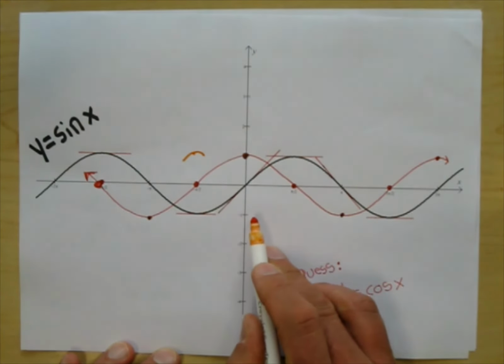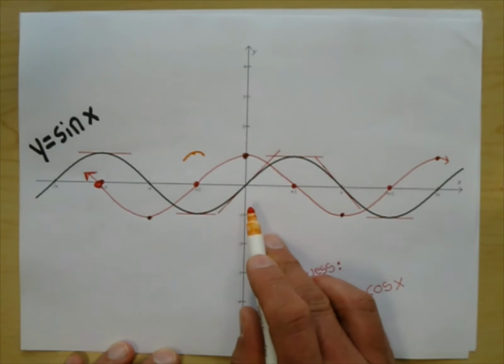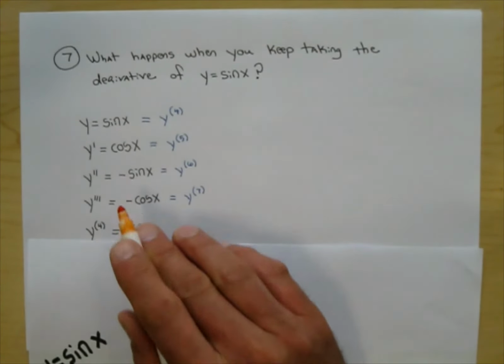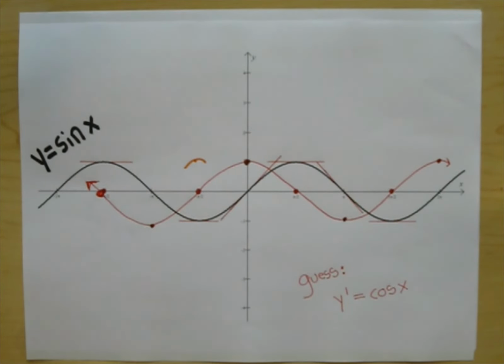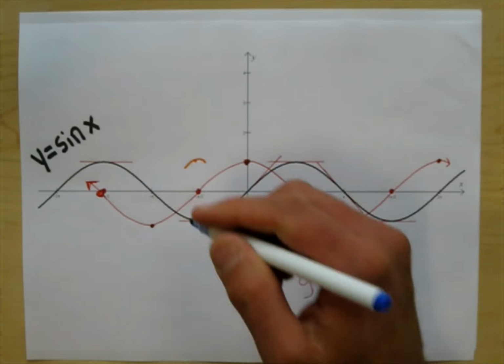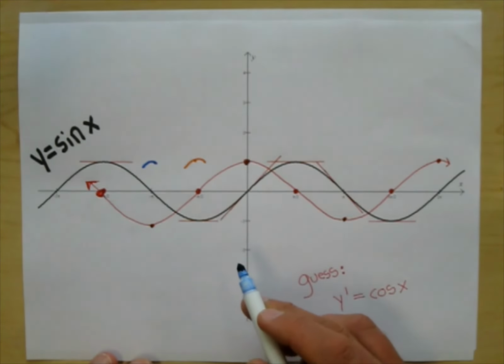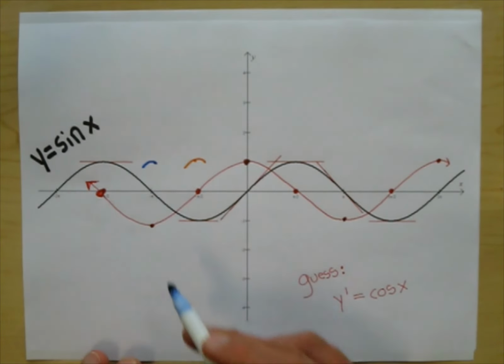Which, if I drew the whole thing, it would look like the original sine that got reflected through the x-axis, which is the negative sine. Okay? And then if I shift that graph over pi halves, then I get something that looks like this. And it actually is the cosine that gets reflected through the x-axis, so that's negative cosine.